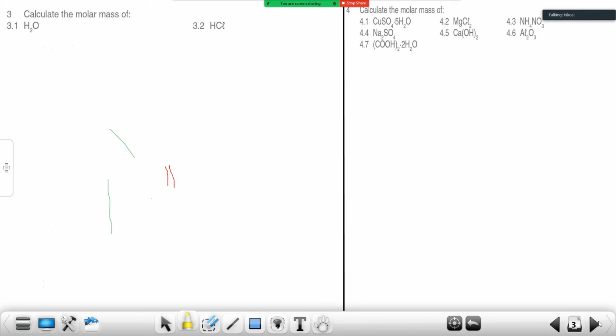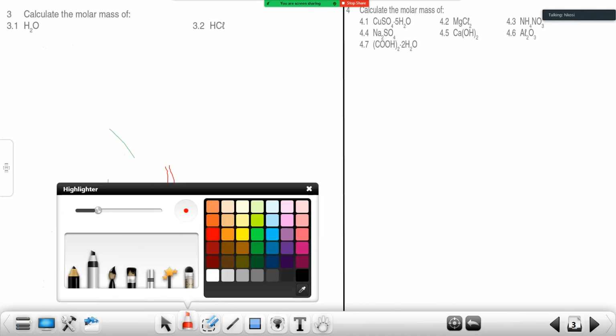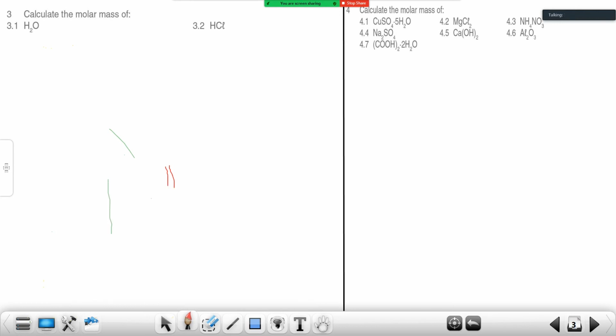So at number 3, the question says, calculate the molar mass. So when we calculate the molar mass, what is it that we do? It's easy. We say the molar mass of the compound that is given is equal to how many hydrogen atoms do I have?